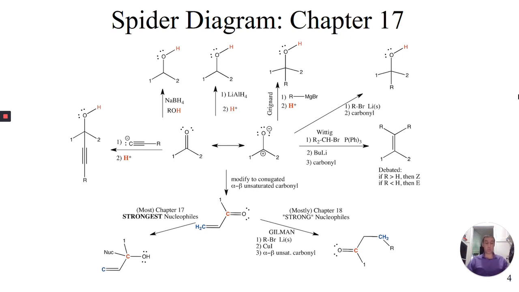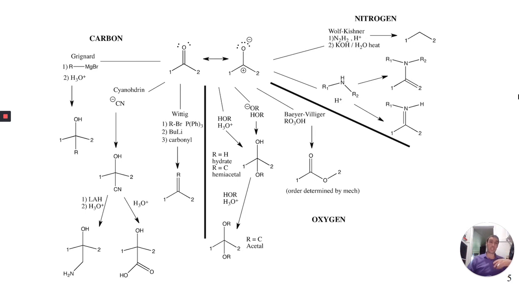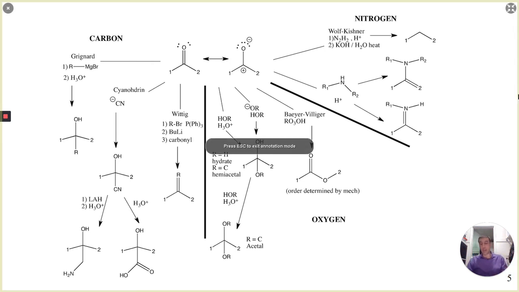And then the last thing we'll address will be chapter 18, not quite as prettily organized, but it does show some overlap with some of the other functional groups or with our carbons. We'll be looking at our oxygen nucleophiles and our nitrogen nucleophiles and how they change the dynamic. A large percentage of our discussion of that chapter is going to be looking at this functional group, the acetal.